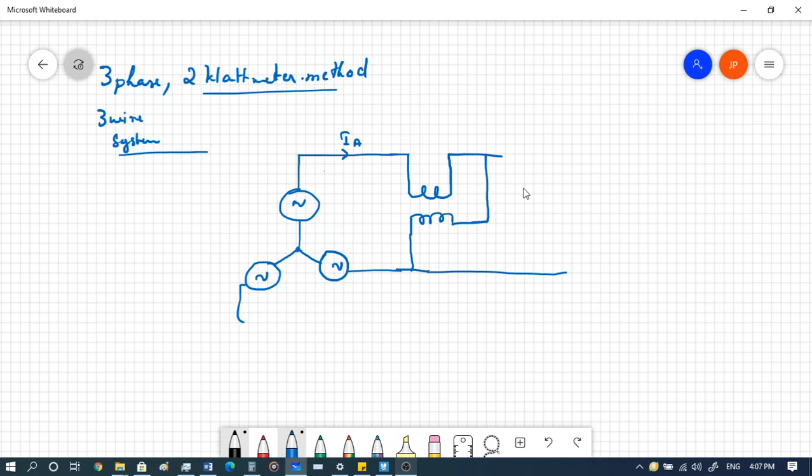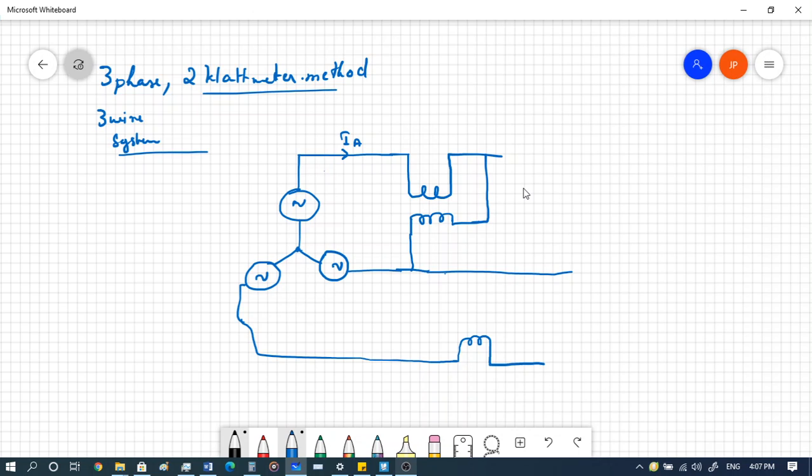and similarly you can take any of the phases, it doesn't matter which phase you want to put the current coil in, but make sure that the pressure coil is across the other two phases, right?